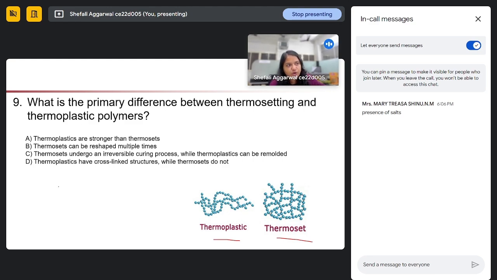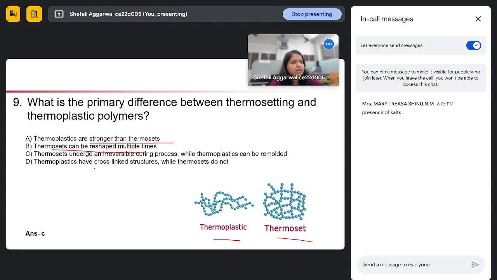So we have been talking about it for a long time: thermoset cannot be reshaped multiple times. It will be brittle once it hardens. And about stronger, obviously thermoset will be much stronger than the thermoplastic material.